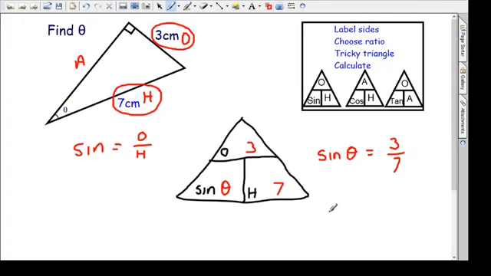Okay, now what do we do on these? So this is where we're trying to find the angle. Now this is a little extra thing to remember, that if we know that sine of theta equals something or sine of x equals something, we need to use this sine to the -1 button. Okay, now the sine to the -1 is the shift of the sine.